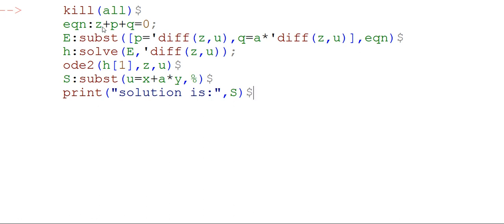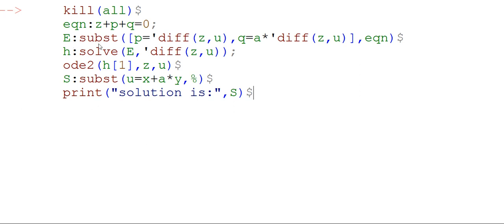The given equation is nothing but z plus p plus q is equal to 0. In this now, I should substitute p as dz/du and q as a dz/du. For substitution, the command is subst. And since I am substituting for two terms, I should enclose those two within a square bracket. I am calling this by a username E. You can call it by any name here.